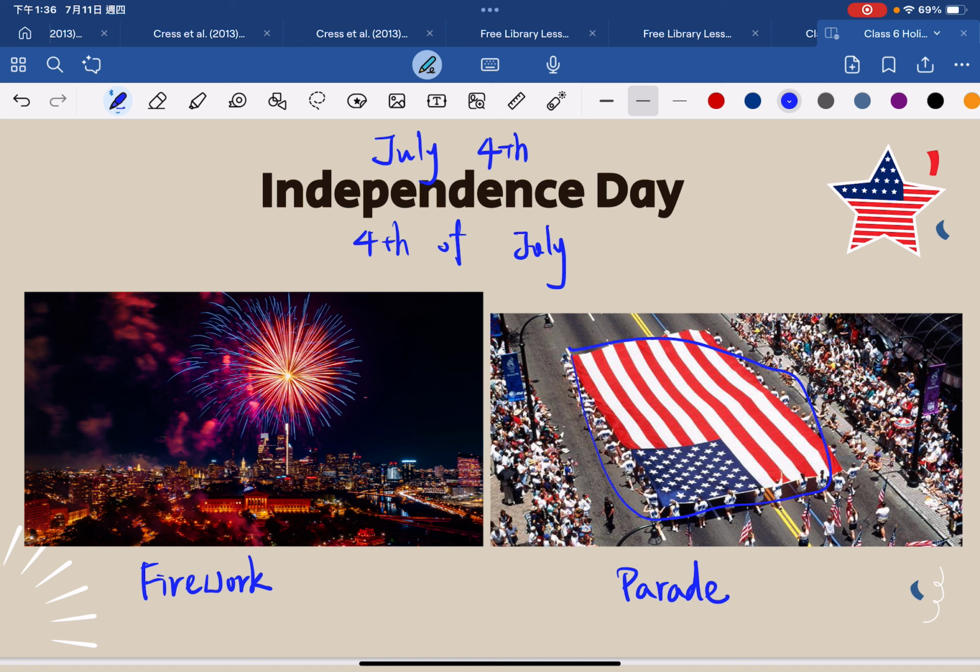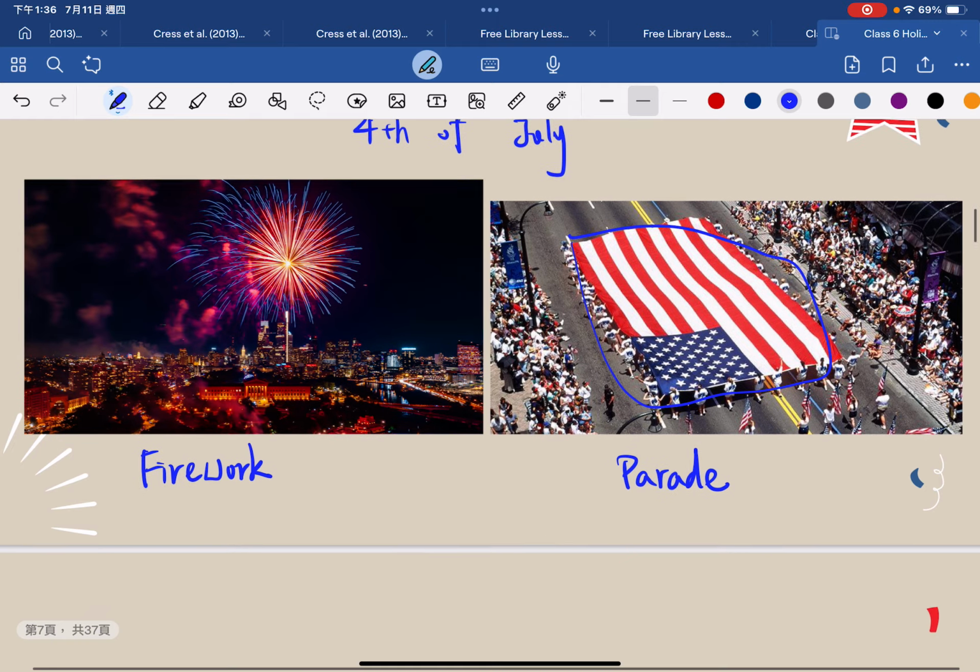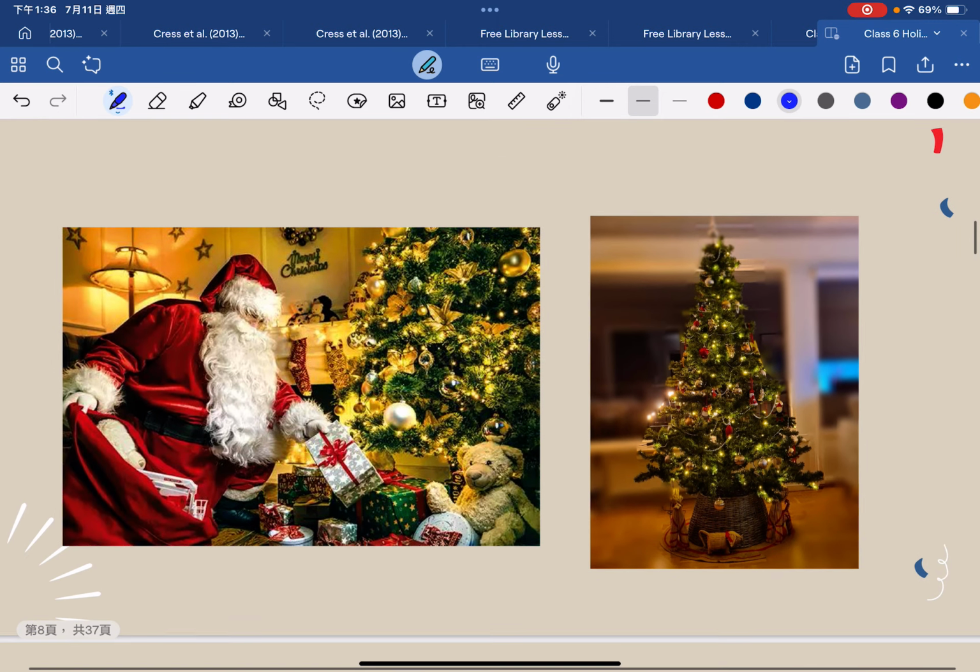Okay, let's move on. So we're going through some of the holidays that are popular in the United States. Who is this guy on the left? Someone in a red coat. This is Santa Claus. What is he doing?